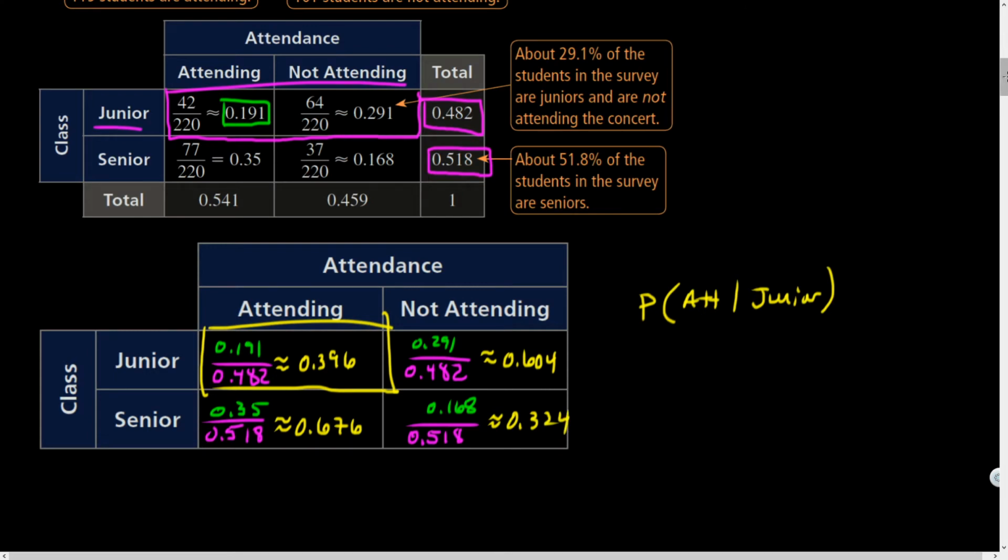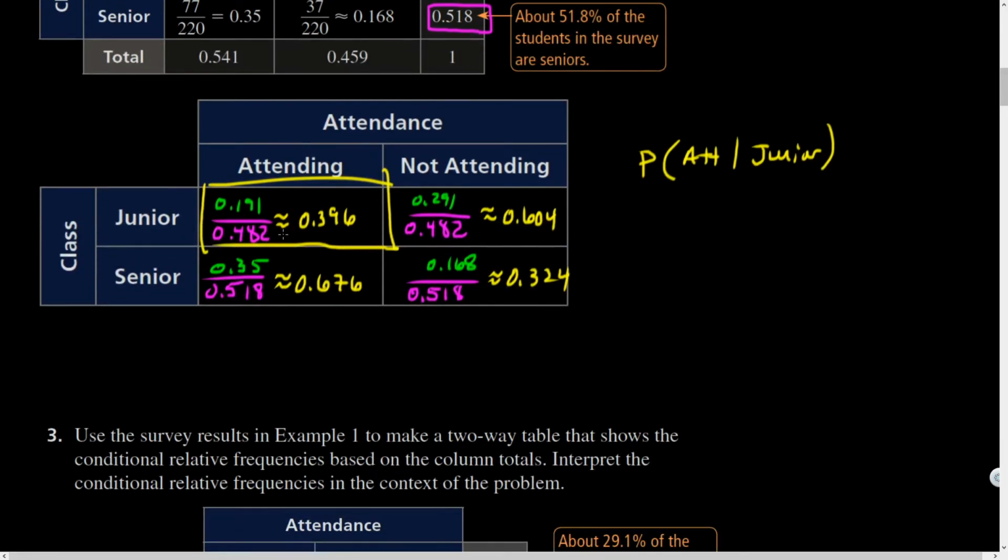And so what these represent now is that this is the probability that someone is attending given I already knew they were a junior. And so you could say 39% of juniors are attending, 60% of juniors are not attending, while 67.6% of seniors are attending and 32% of them are not.